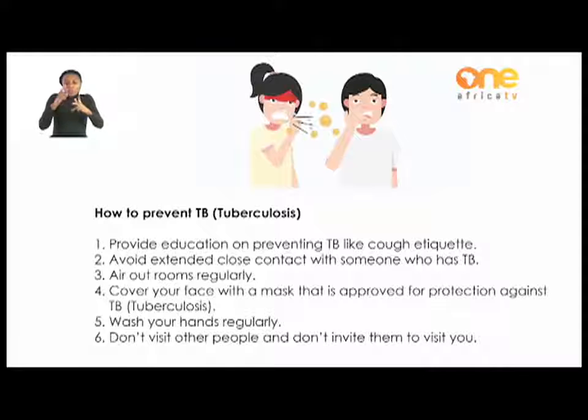Number 3, air out rooms regularly, which means you should open the windows and keep the air well ventilated. Number 4, cover your face with a mask that is approved for protection against tuberculosis. Number 5, wash your hands regularly. Number 6, don't visit other people and don't invite them to visit you if they are said to have TB.